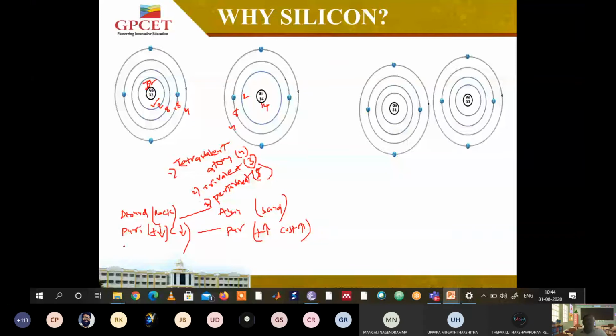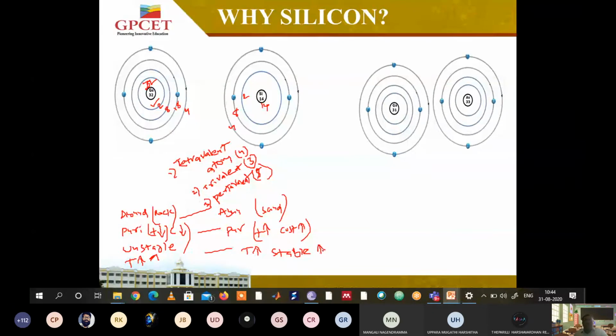But what is the main disadvantage of germanium? It is unstable at higher temperatures. Unstable, because as temperature increases, it becomes unstable. Here in silicon, as temperature increases, it is stable in nature. I already told you what stability and instability are, and I dealt with it in the last class.